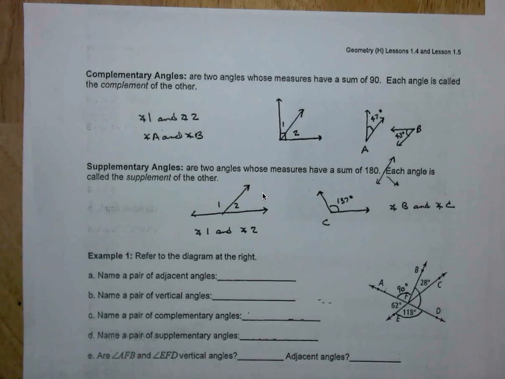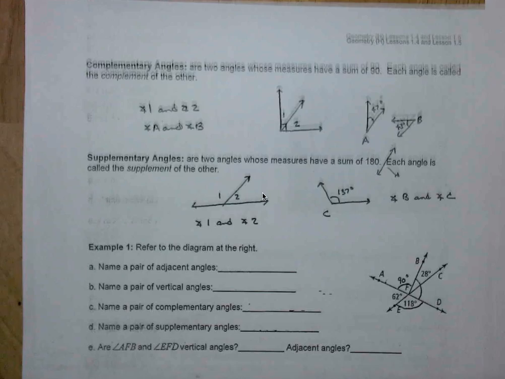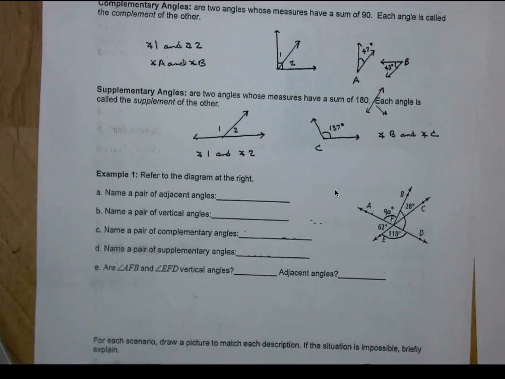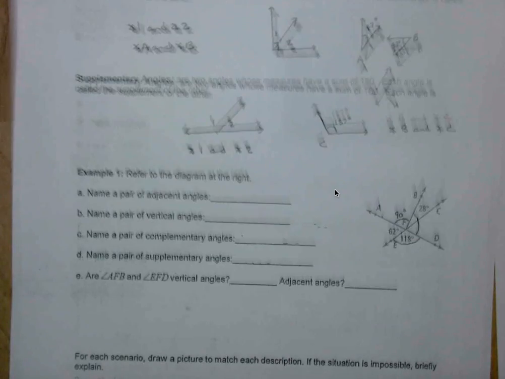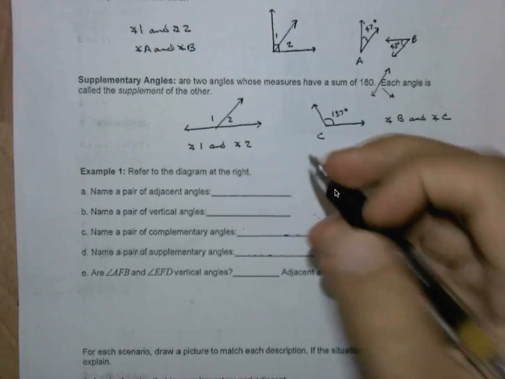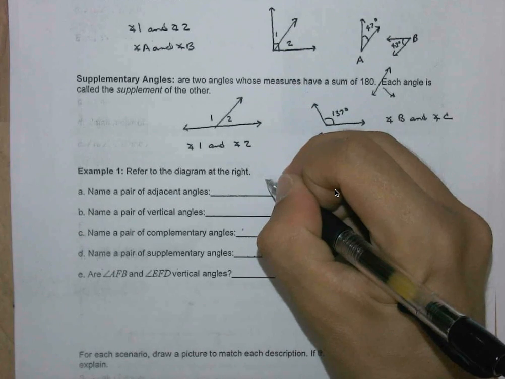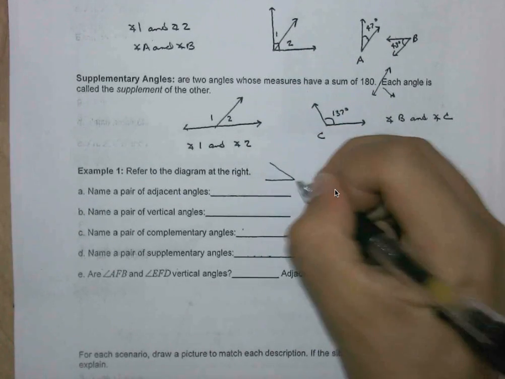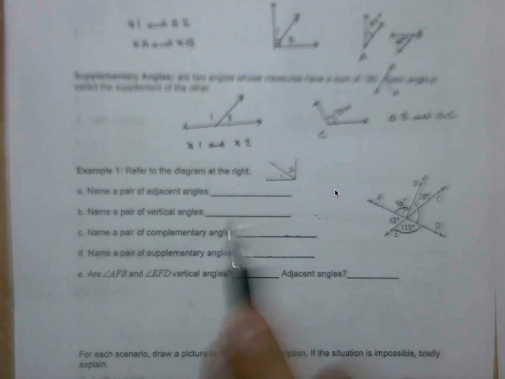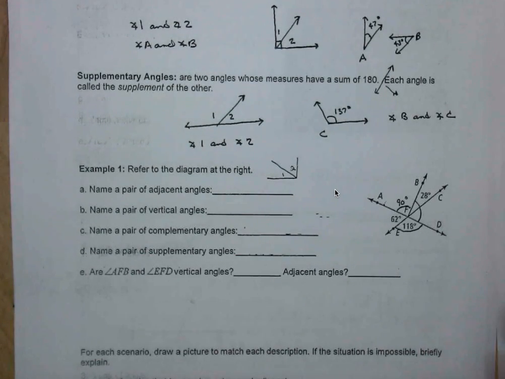Cool. So we have this diagram here. We'll give some examples of adjacent, vertical, complementary, supplementary, all the good ones. And I'll give you some refreshers along the way. So name a pair of adjacent angles. Well, we know that the adjacent angles from before kind of shared a fence. So we're looking for angles that are butt up next to each other.